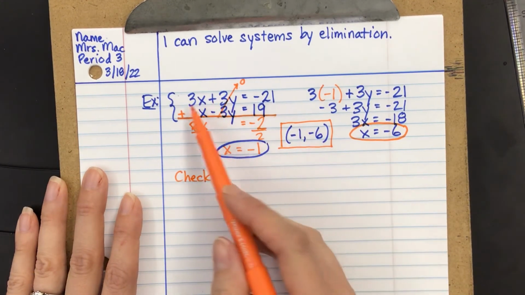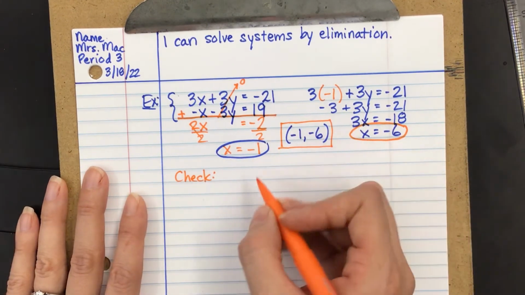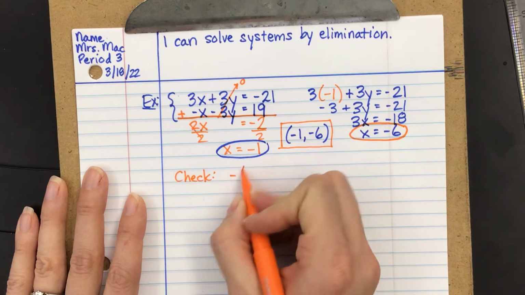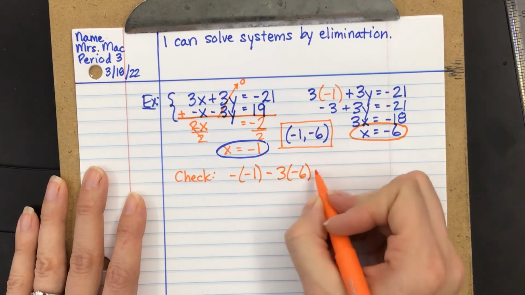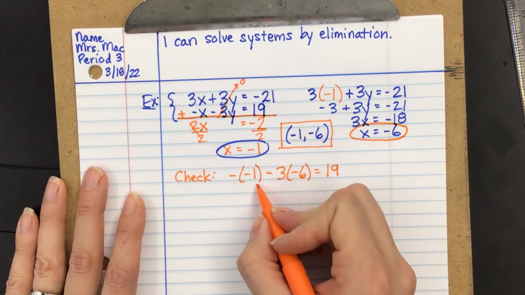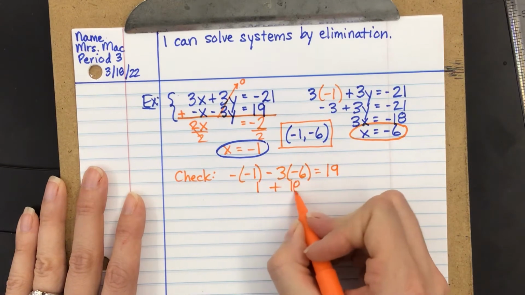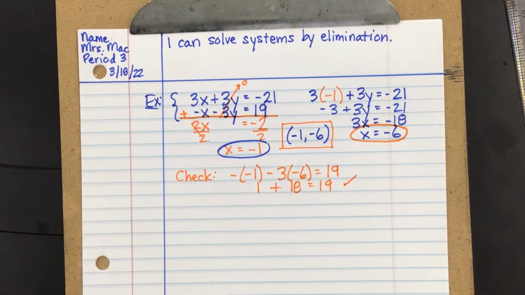I used the top equation to find x, so I'll use the bottom equation to check my answer. So this will be negative 1 minus 3 times negative 6 equals 19. So this is 1 plus 18 equals 19. So yeah, I could see that that's going to work, and my answer is correct.